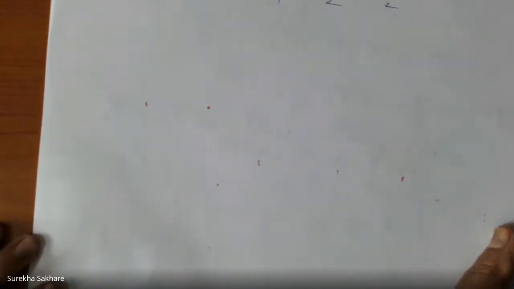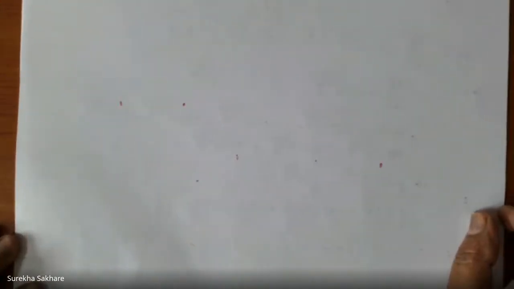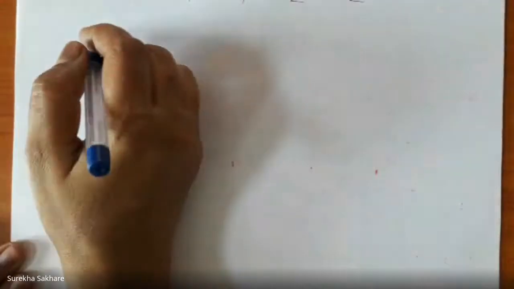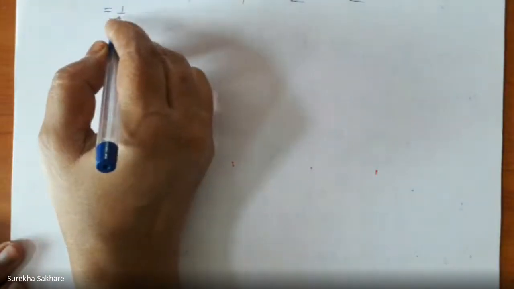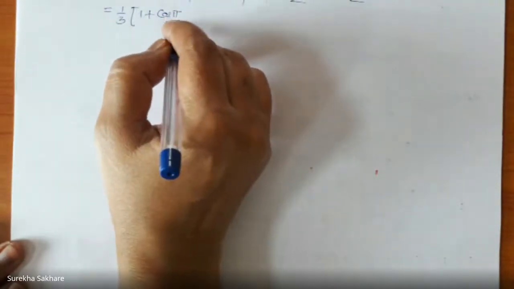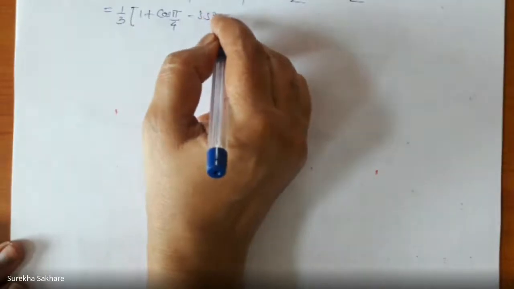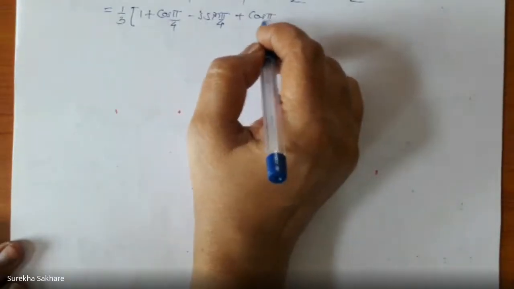Now you have to insert the value k equal to 1. So this becomes 1 by 3, 1 plus cos pi by 4 minus j sine pi by 4 plus cos pi by 2 minus j sine pi by 2.